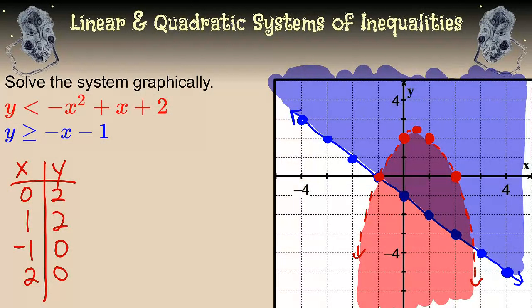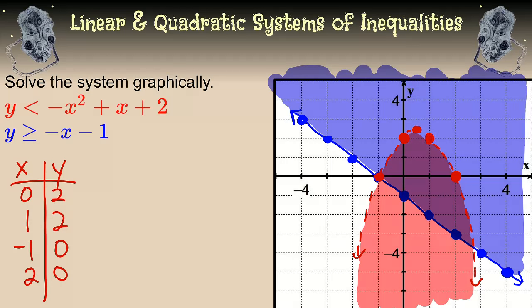One thing I want to say before I move on is if I asked you, is the point (0, 0) in the solution set? The answer would be yes. Is the point (2, 2) in the solution set? The answer would be no, because it's on a dotted line, not part of the solution.